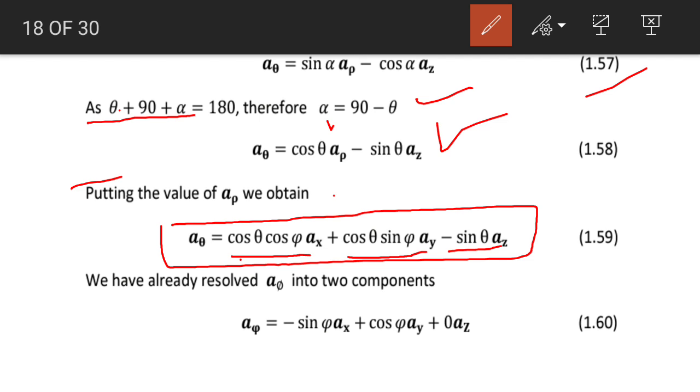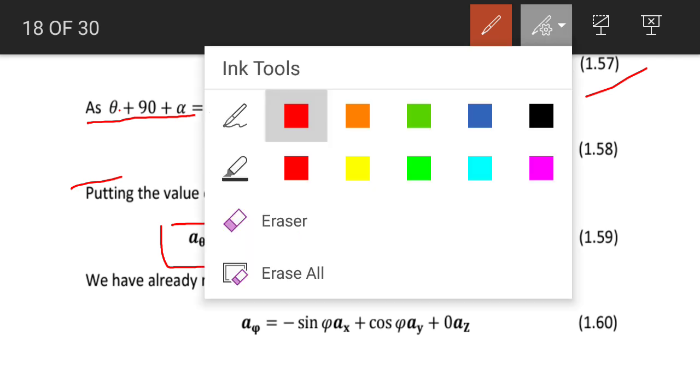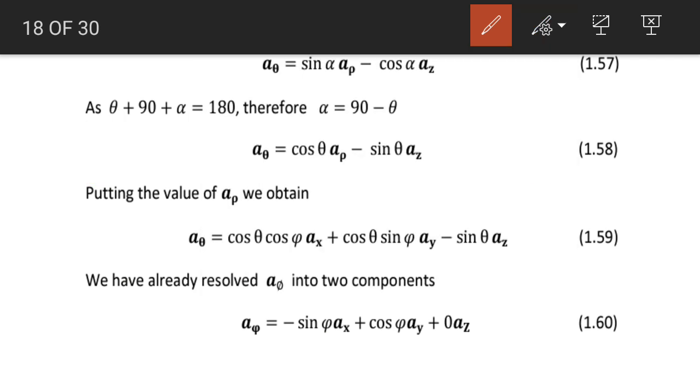So let me repeat. A theta dot ax is cos theta cos phi, a theta dot ay is cos theta sin phi, and a theta dot az is minus sin theta.